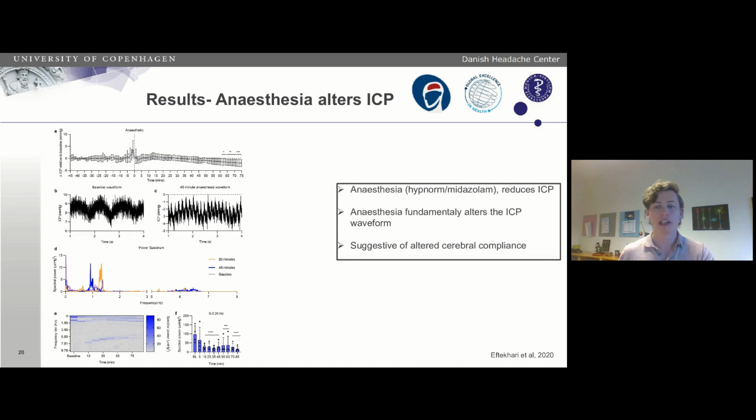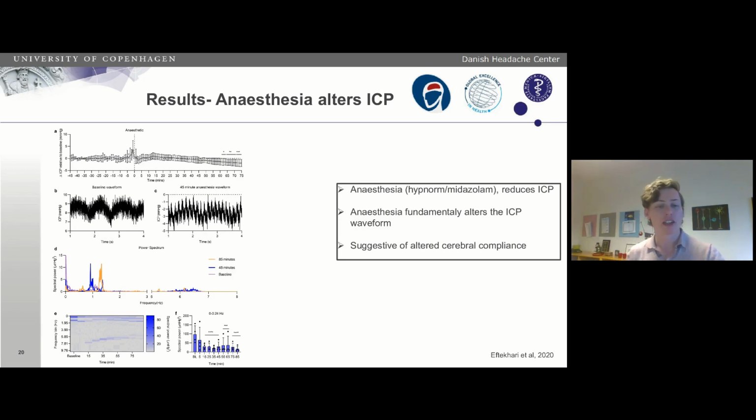So onto the effects of anesthesia on intracranial pressure. In this study, using hypnorm midazolam as anesthesia, we demonstrate that this particular anesthetic reduces intracranial pressure. But what's more interesting here, for me at least, is how it affects the waveform of the intracranial pressure.